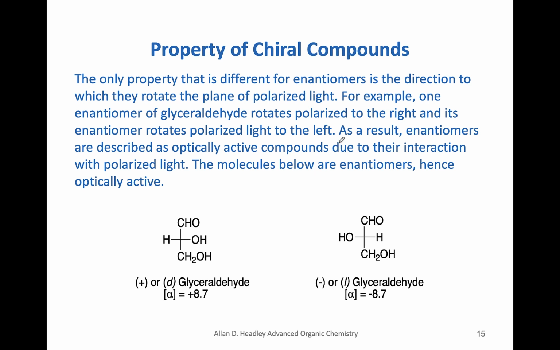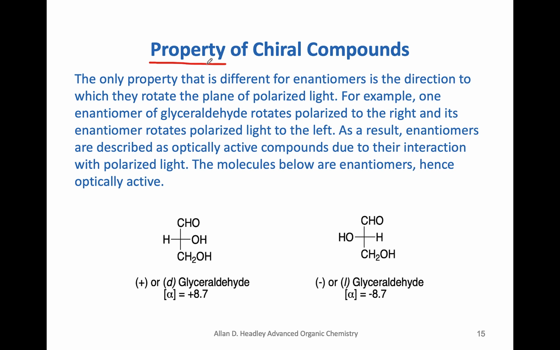Okay, let's look at properties of chiral compounds. Chiral molecules or enantiomers are essentially the same. All the properties are essentially the same except one. You may recall from your organic course, one of the main ways we can determine two unknowns is by comparing the properties of these two unknowns.